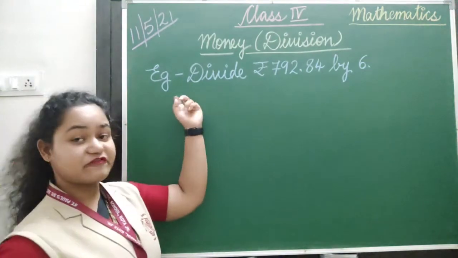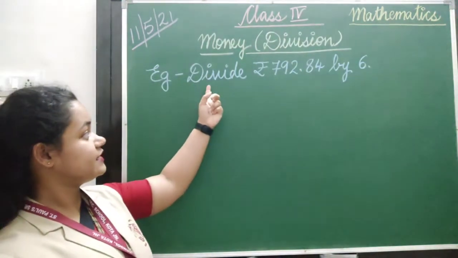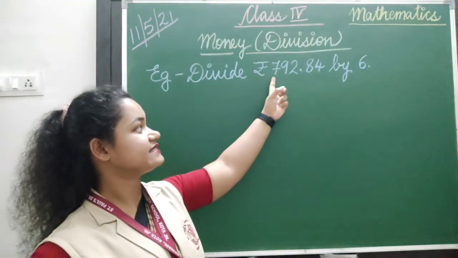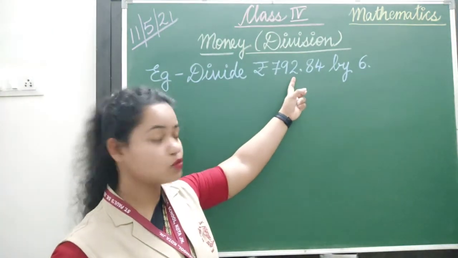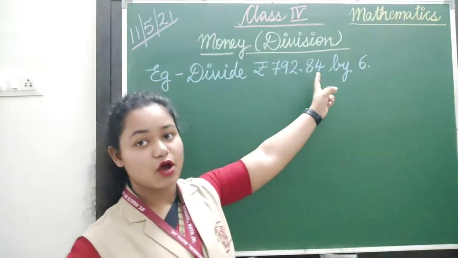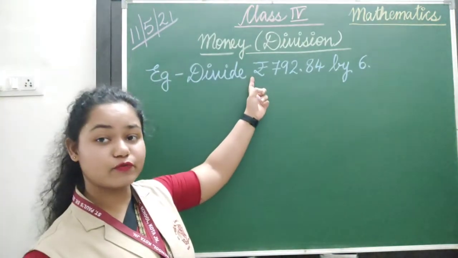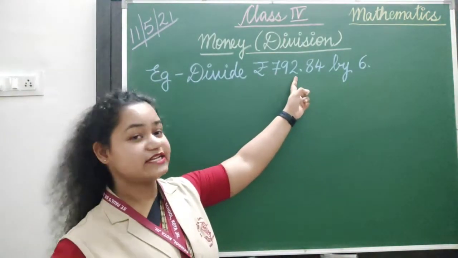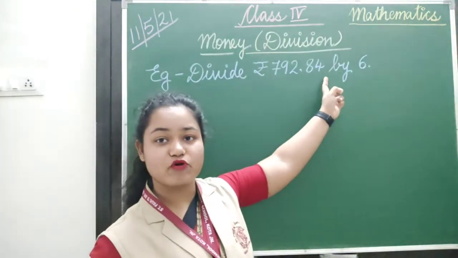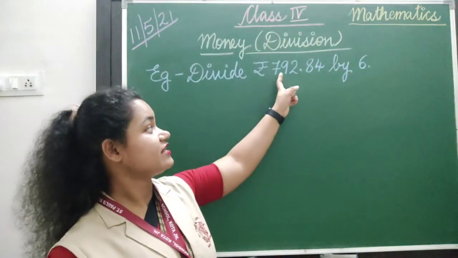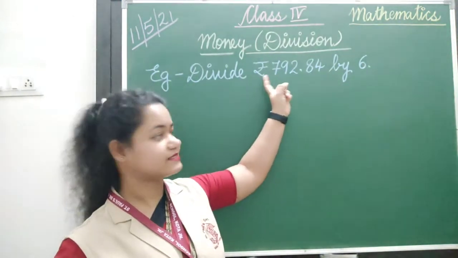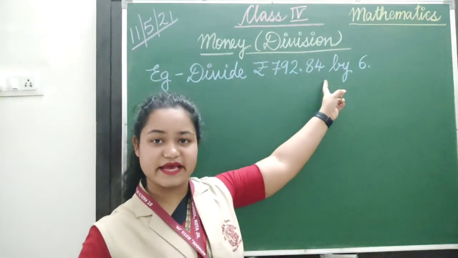So our first example is: divide rupees 792.84, or I can say it like this also, rupees 792 and 84 paise, or 792 rupees and 84 paise.